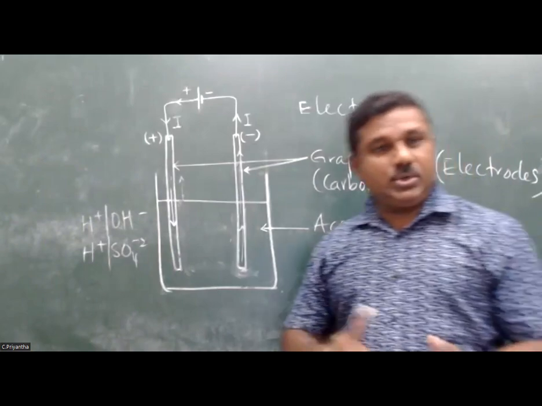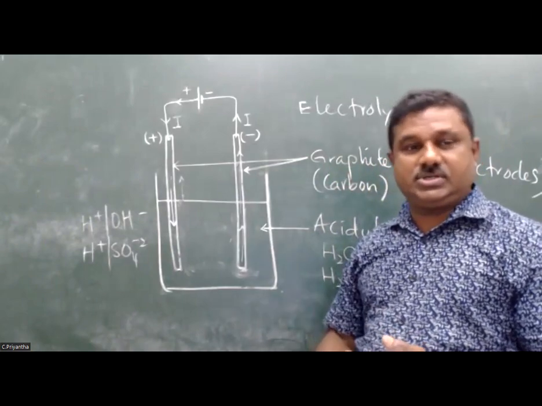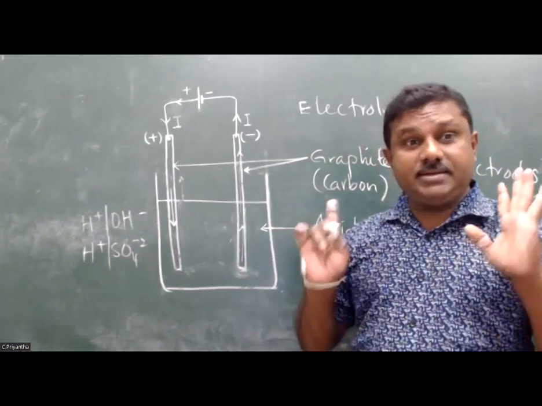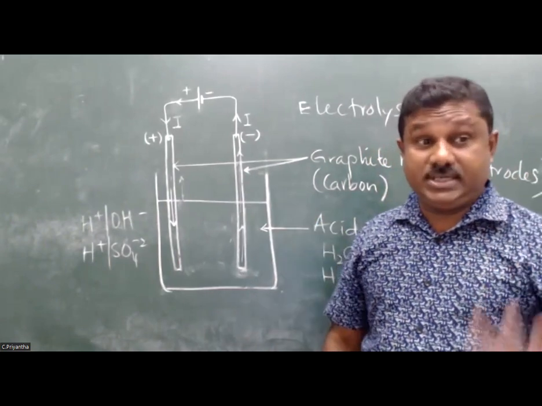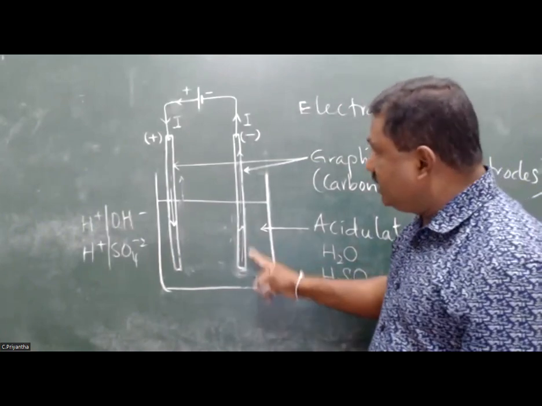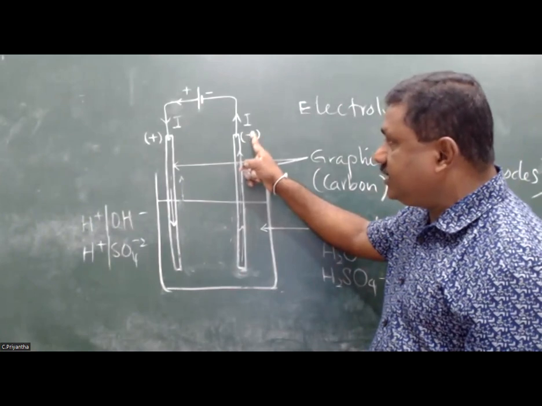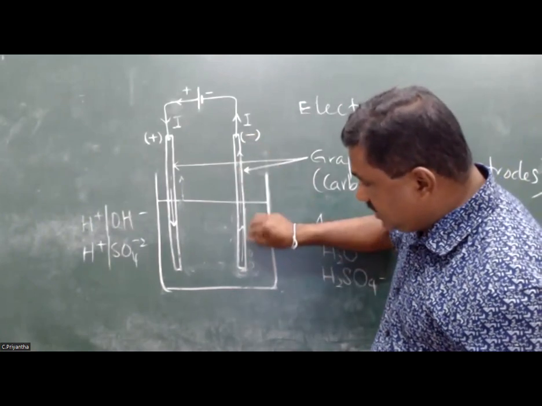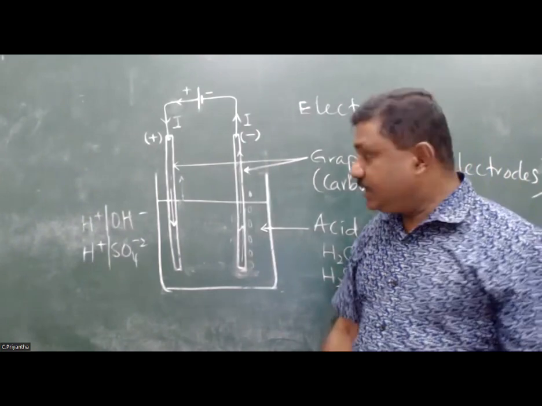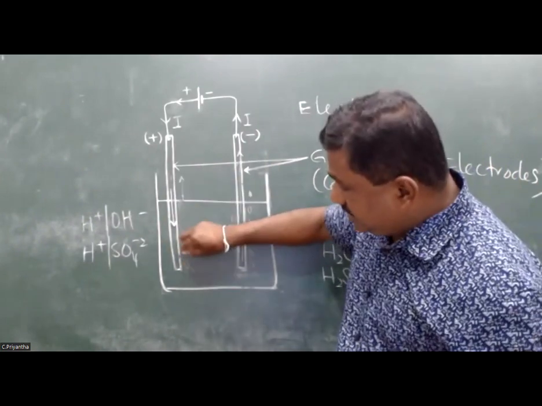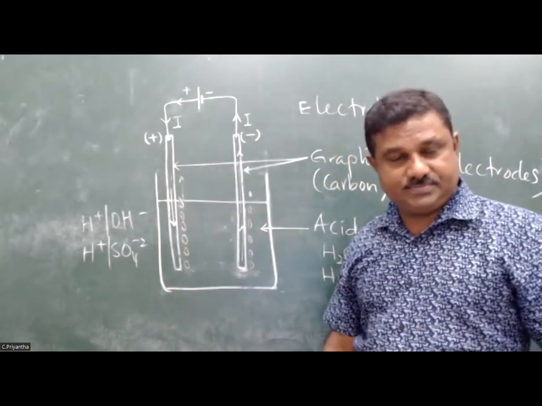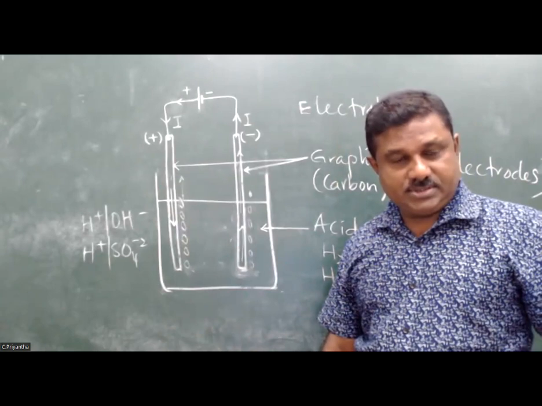Copper rods dissolve, gold rods dissolve, silver rods dissolve, aluminium rods dissolve. Graphite does not dissolve. From the negative end, colorless gas bubbles out, and from the positive end, colorless gas comes out too.